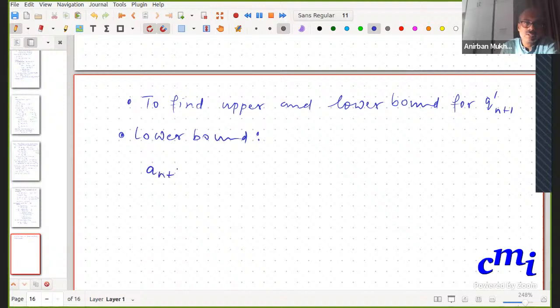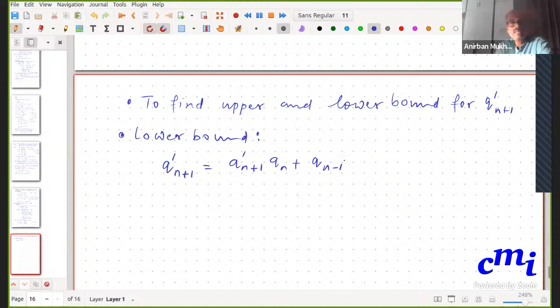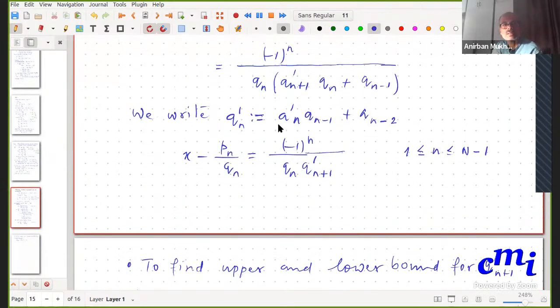We are trying to bound qn plus 1 dash. Just recalling the notation we just wrote, qn dash is an dash qn minus 1 plus qn minus 2.